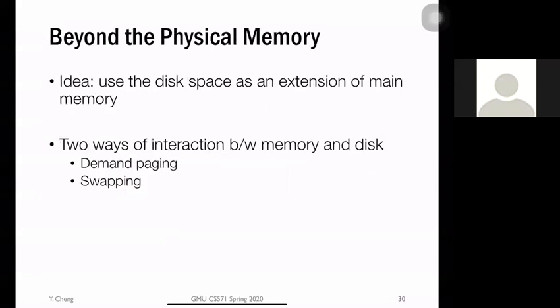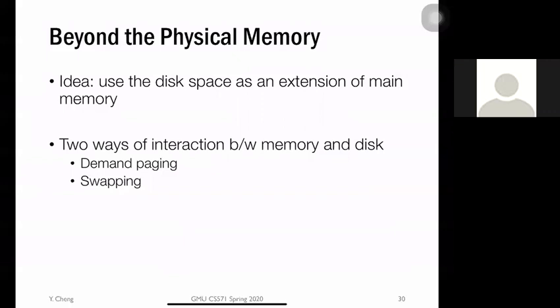So why do we still want to do something beyond this physical memory? Because this is essentially how the operating system supports the so-called virtual memory concept. Why is it called virtual memory? Partially because it only uses main physical memory as a part of it.